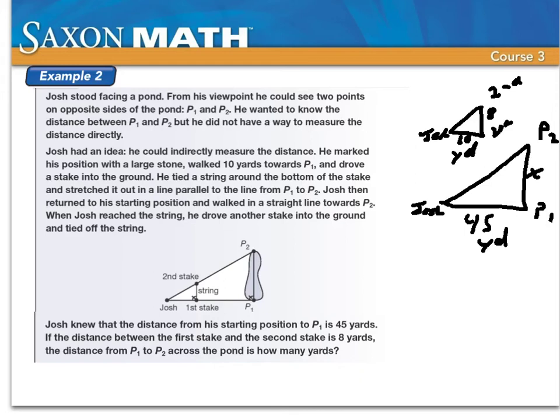Now if I redraw these two triangles with just the numbers, I've got a small triangle with 10 here and 8 here, and a bigger triangle with 45 here and x here. I don't know that, so we're going to use our application of similar triangles.